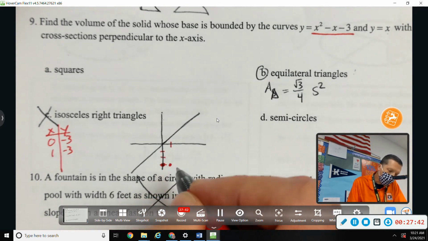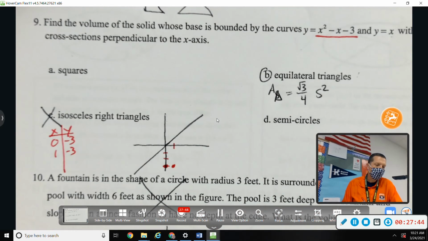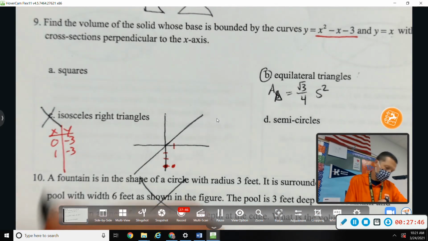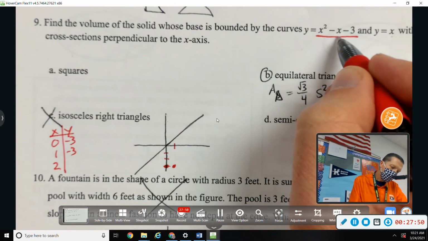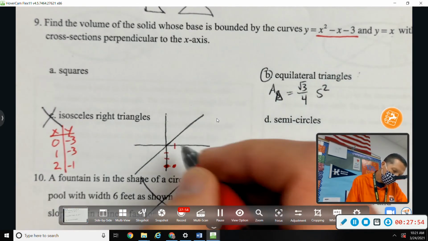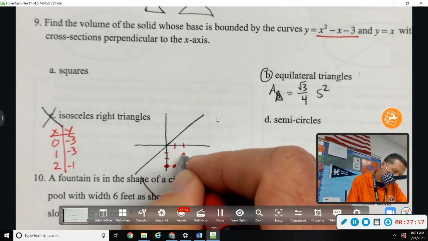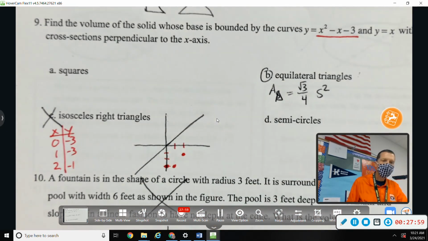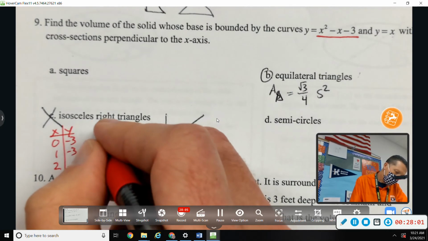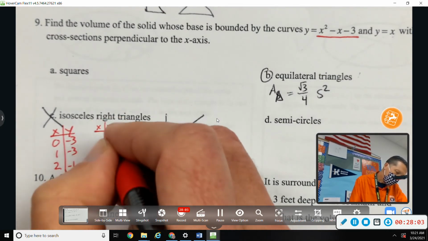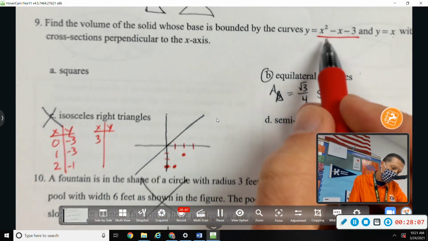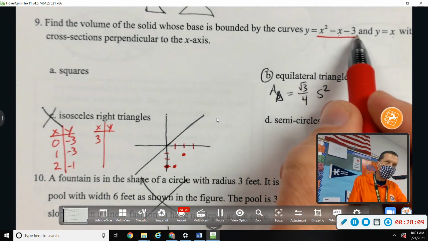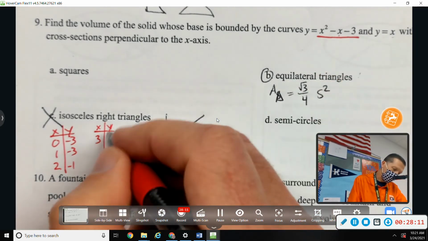That immediately makes me think I'm doing something wrong, but I think I'm right. We do 2. 4 minus 2 is 2. 2 minus 3 is negative 1. We do x equals 3. 9 minus 3 minus 3, 9 minus 6 is 3.